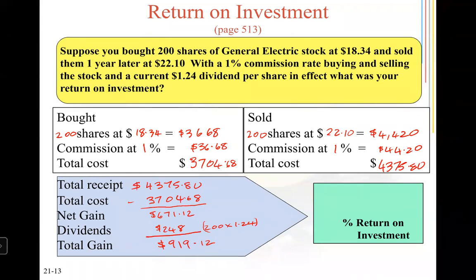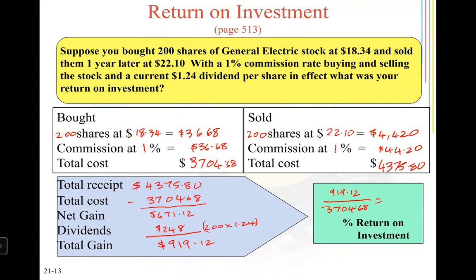Okay. And then your return on investment? For my return on investment, I divided the $919.12 by the 3,704.68, and I got 0.248.